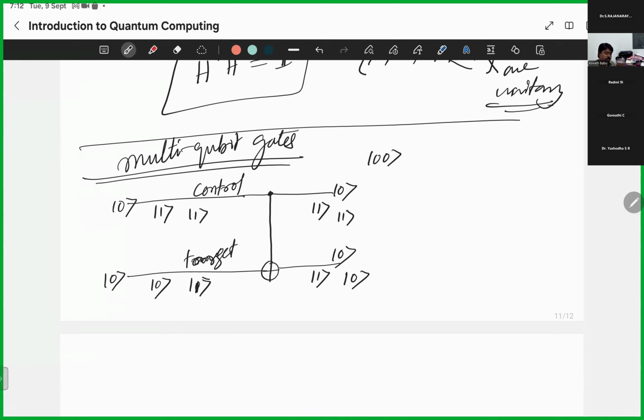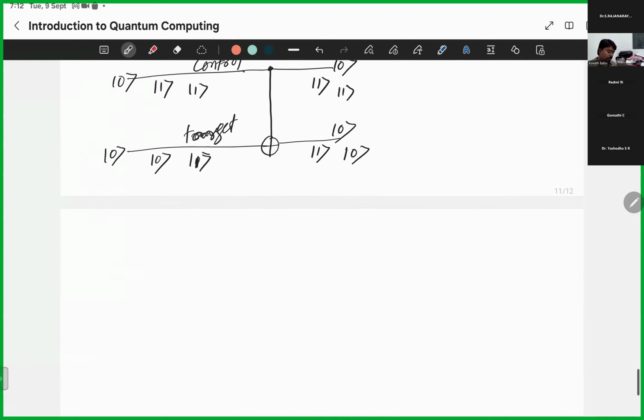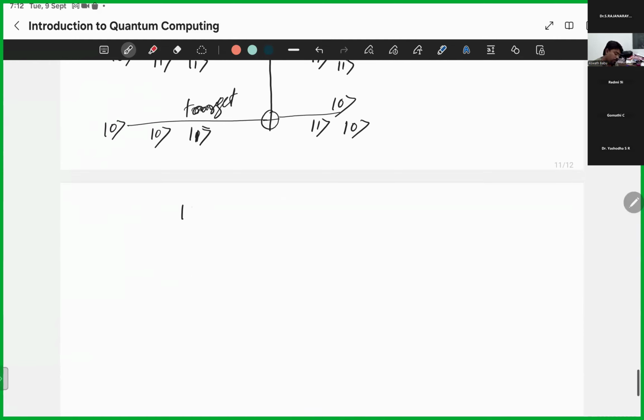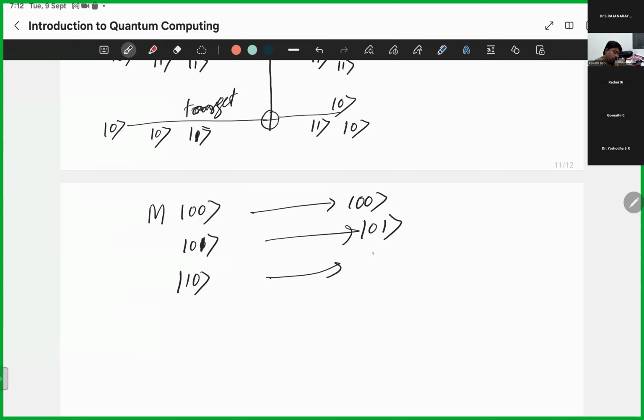So this kind of flipping is required. What I mean is, the quantum state input on some matrix should give me the same state for 0, 0 and 0, 1, while 1, 0 should give me the flipped state, and 1, 1 should also give me a flipped state like this.